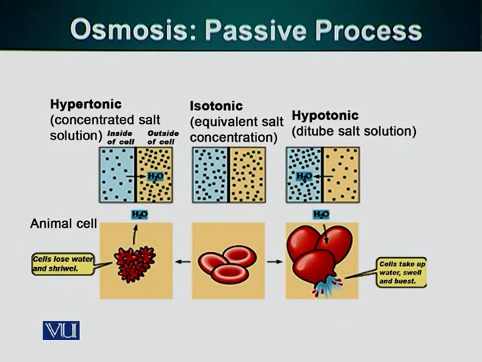For example, if we put a cell in a hypertonic solution, which means the concentration of salt is less inside the cell than it is outside the cell, the water molecules will leave the cell and enter the outside domain.